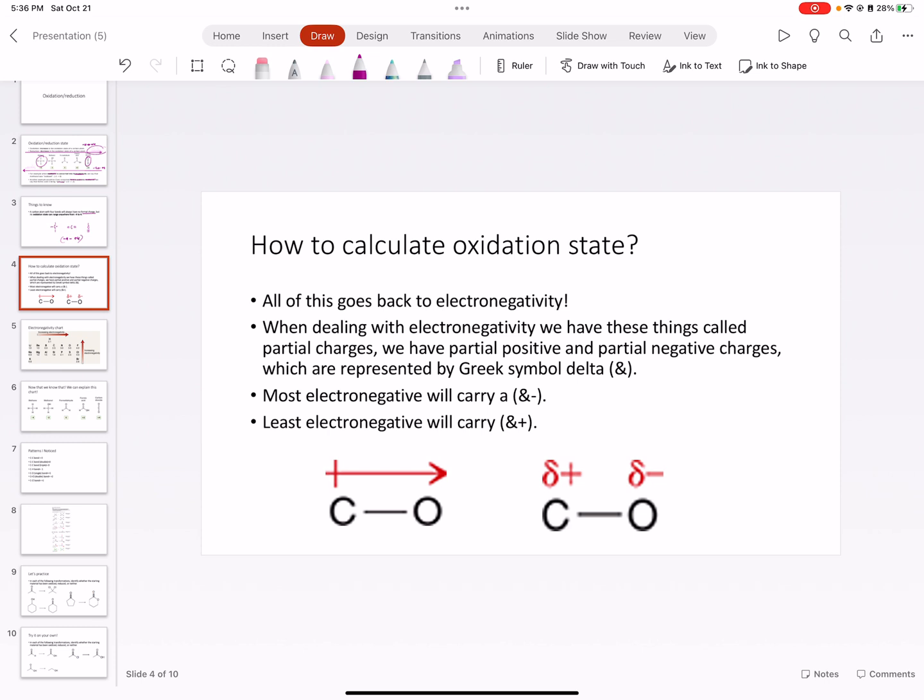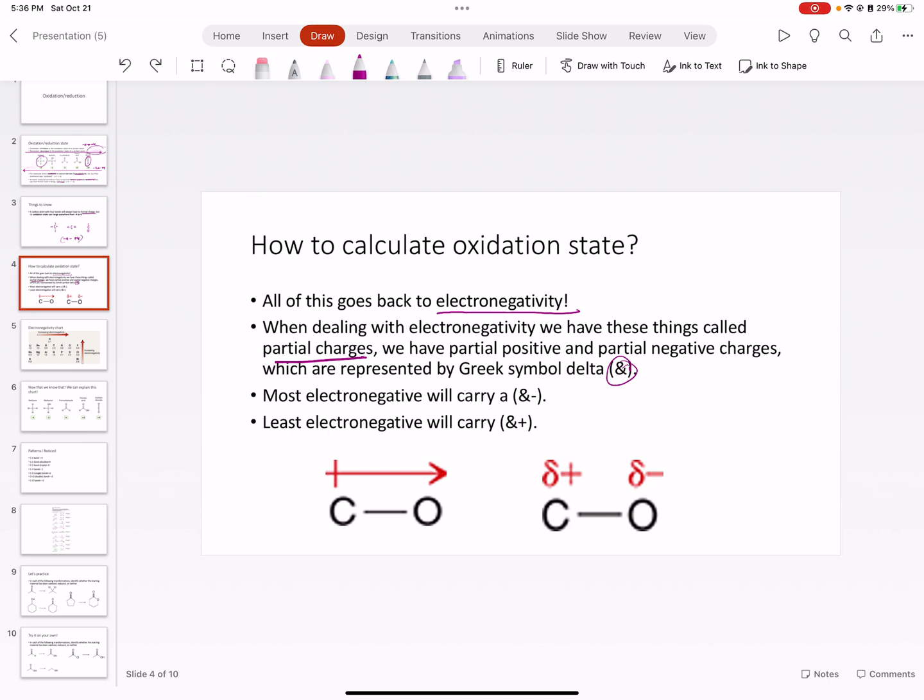So how do we calculate oxidation state? All of this ties back into electronegativity. When dealing with electronegativity, we have partial charges: a partial positive and a partial negative charge, which are represented by the Greek symbol delta.